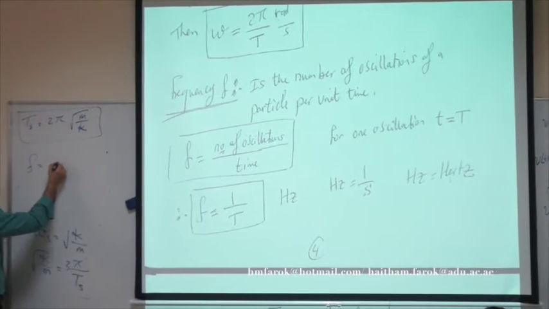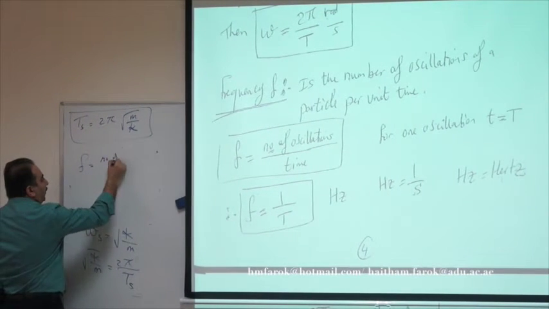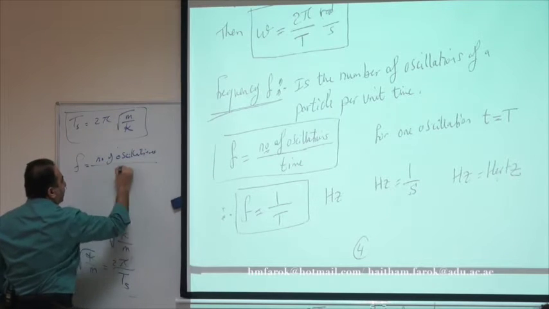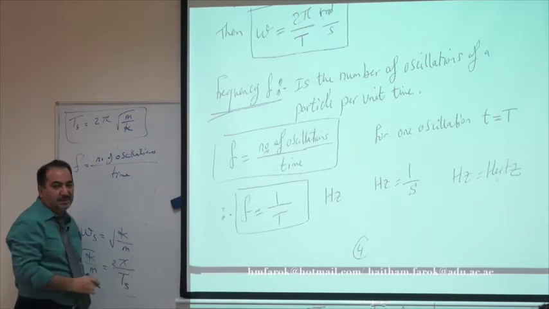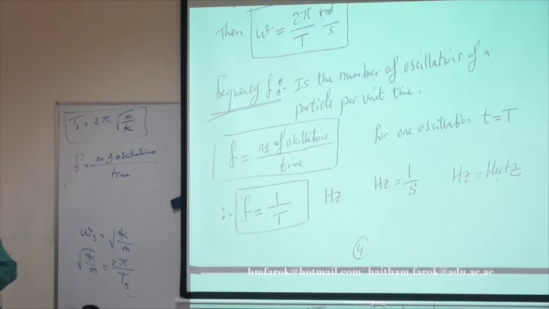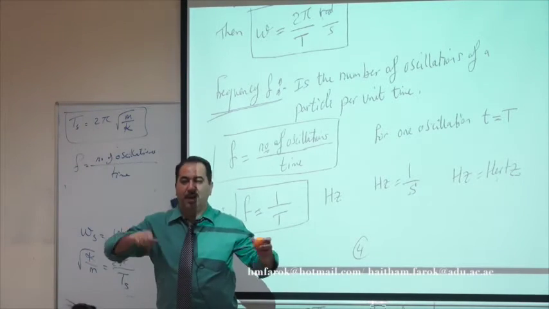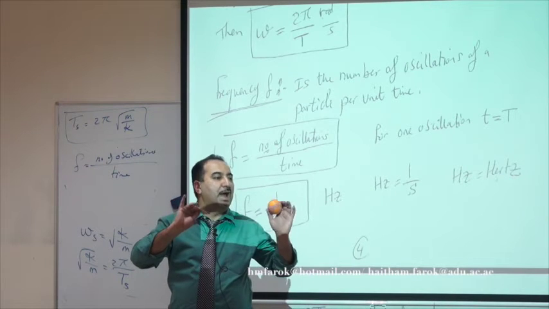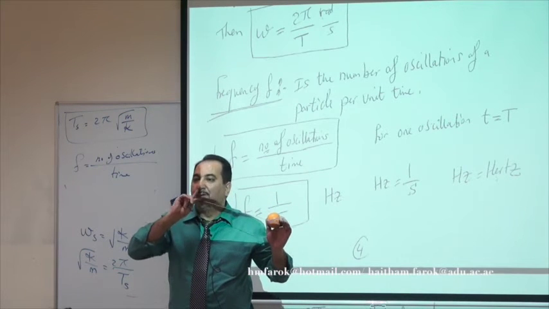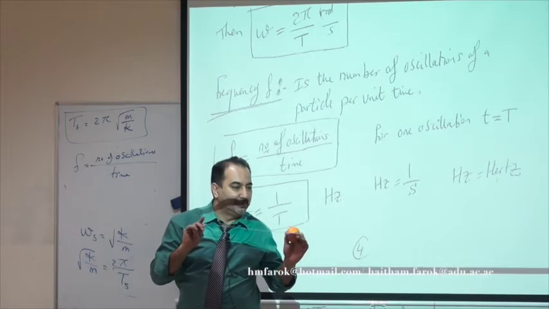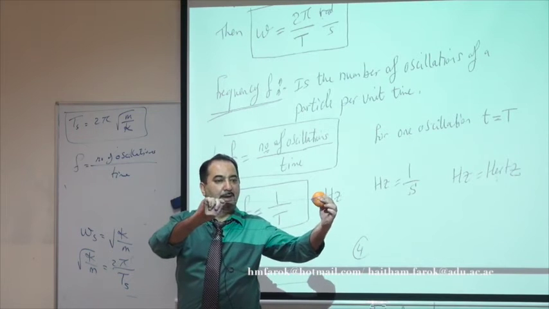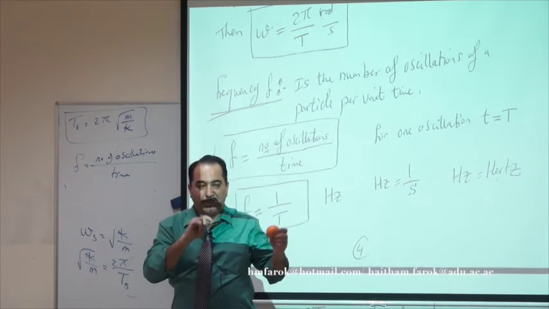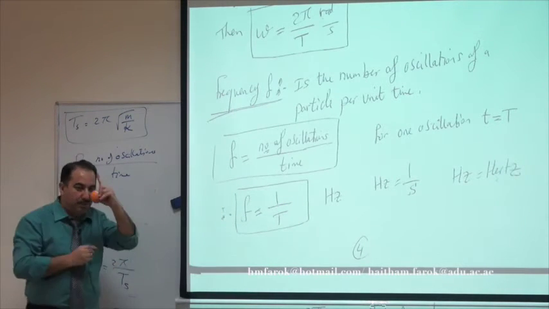Frequency F, number of oscillations per time. Okay, let's do what we did with angular frequency again. Think of this ball now. This time don't talk in the language of angles. Talk in the language of oscillation. Starting from here, go and back. How many oscillations? 1. So what shall I put here? Number of oscillations, 1.